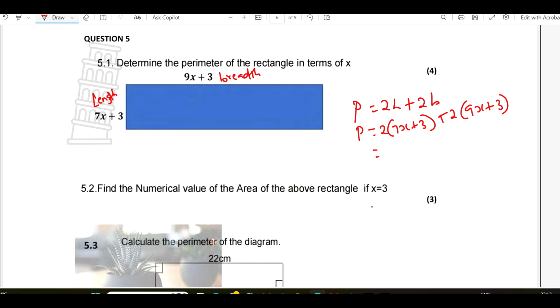So 2 times 7x is going to be 14x. 2 times 3 is going to be 6. 2 times 9x is going to be 18x. 2 times 3 is going to be 6. Like that, 14x plus 18x. 14 plus 18 is 32x, and then 6 plus 6 is 12. Then we are done.